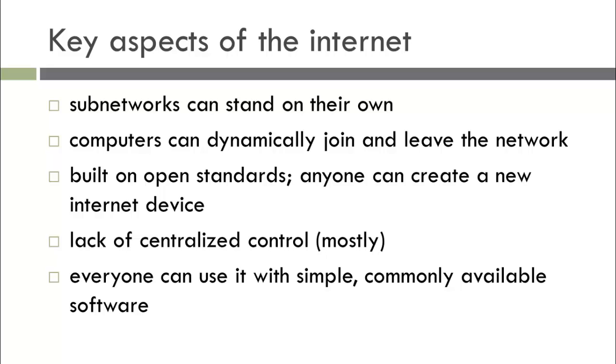It's built on open standards, which means anyone can create a new Internet device. There's also a lack of centralized control, for the most part, so no organization or group can control what the Internet is. And everyone can use it with simple, commonly available software.